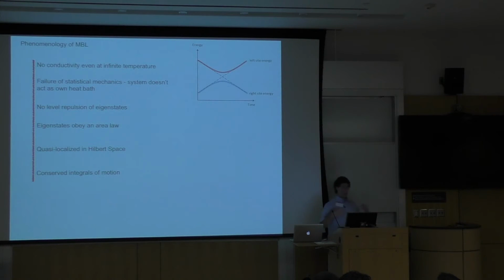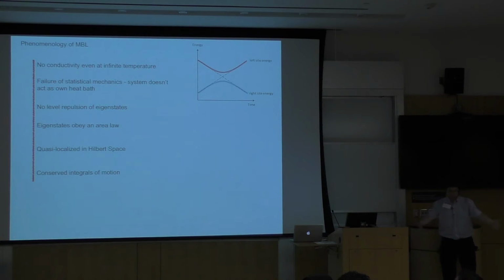Good. What is the phenomenology of the many-body localized phase? Well, the key thing is that there is no conductivity at finite temperature, even at infinite temperature. Typically, even if I have an insulator and I turn on temperature, it conducts. There's some exponentially attenuated conduction. And that doesn't happen in the many-body localized phase. It's really, honest to goodness, truly zero. In addition to that fact, there's a failure of statistical mechanics.